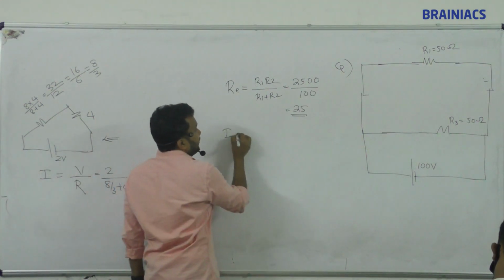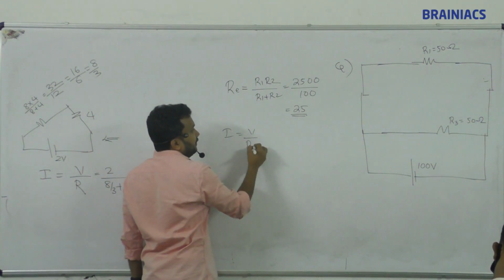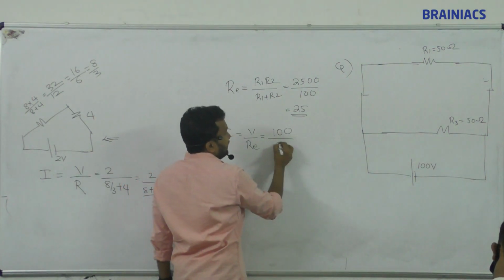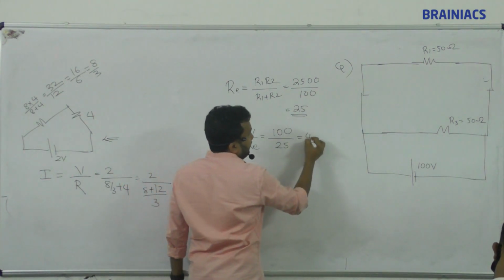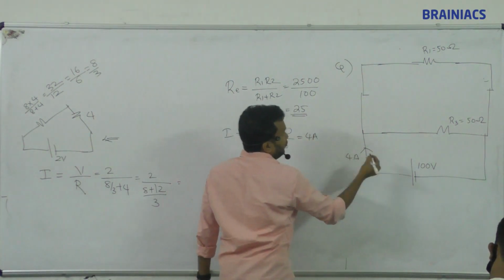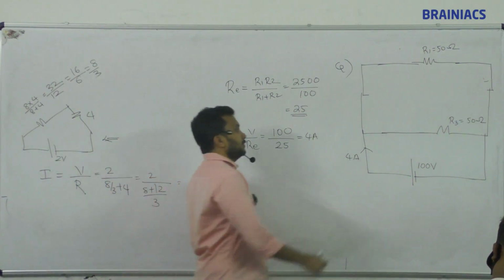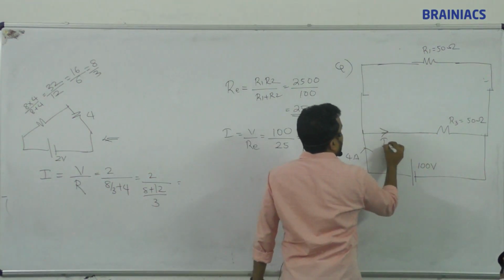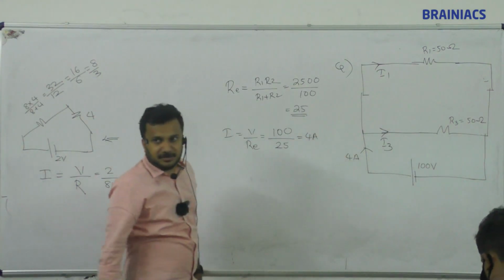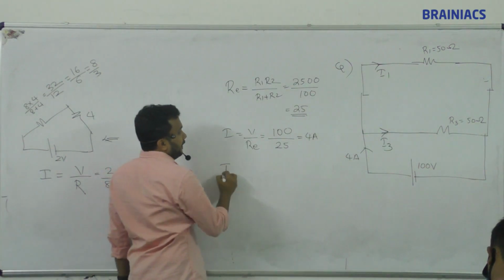Next, current is equal to voltage by effective resistance. Voltage is 100, resistance is 25. So how much ampere current will flow? 4 ampere. So now 4 ampere is flowing through this one. This gives us I2, I3 and I1. So what do I need to find out? I3.